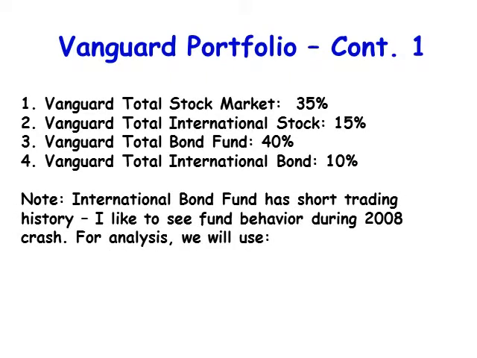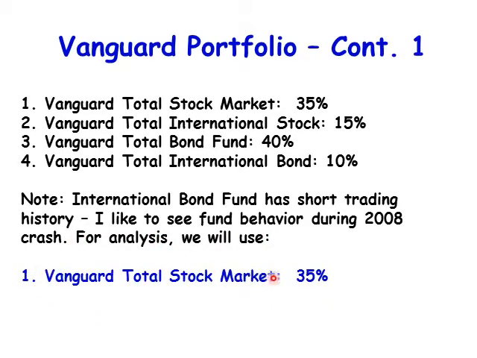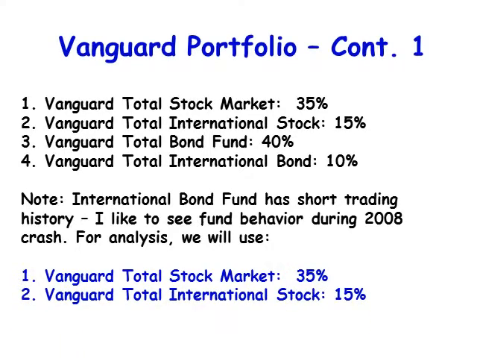Let's continue from here. This international bond fund has a short trading history, and I like to see fund behavior during the 2008 crash. So for analysis, we will use Vanguard total stock market 35%, total international stock market 15%, and Vanguard total bond fund 50%. I just combine these two funds into one.